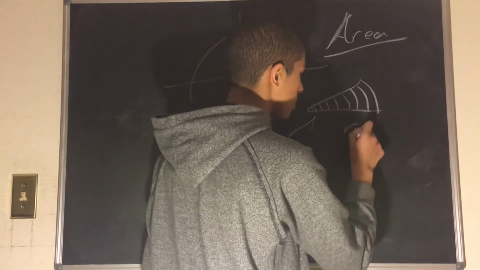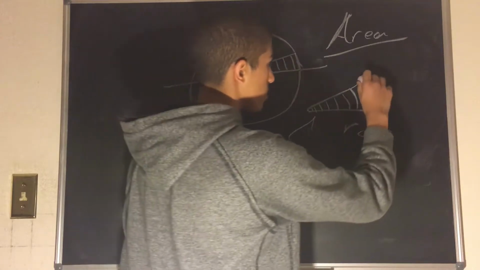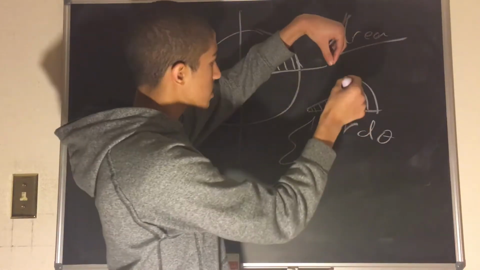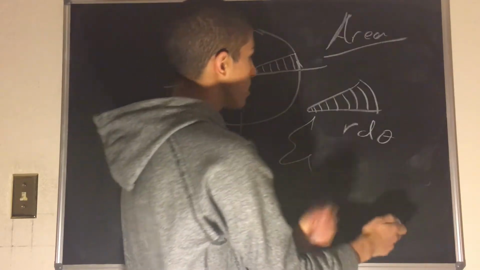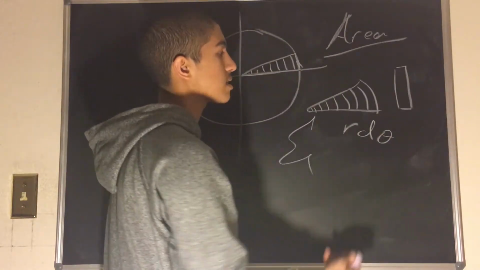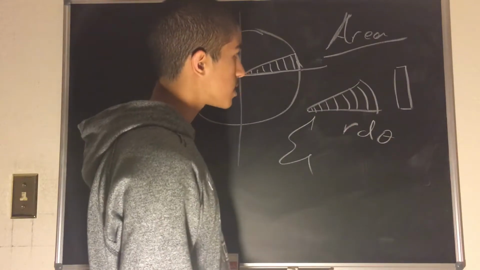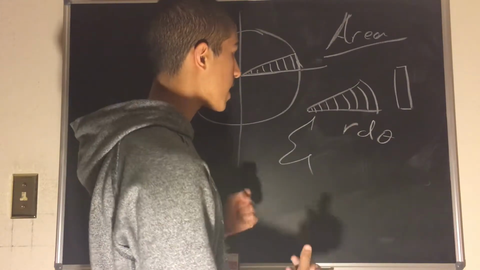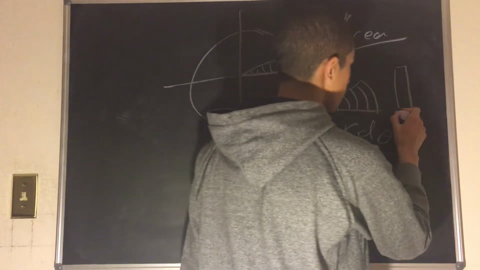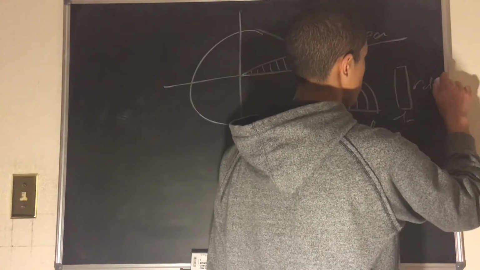Well, the arc is equal to r times d theta, and if we take this arc and pull it taut into a straight line, and we treat it like we would a rectangle, which we can because it's infinitesimally small, and when we sum up all the infinitesimally small rectangles, they add up pretty well to approximate the entire area. So then we have some dr and r d theta.